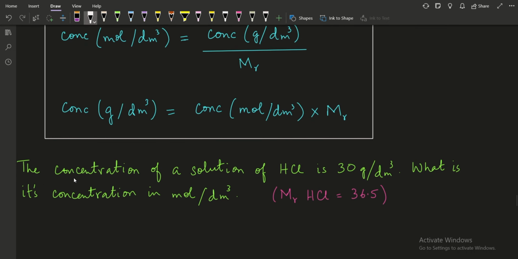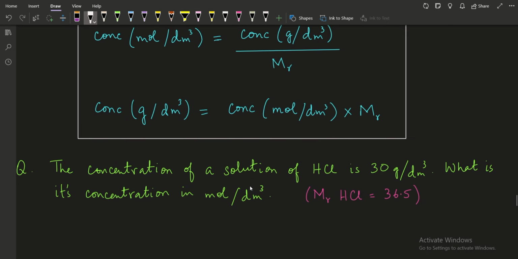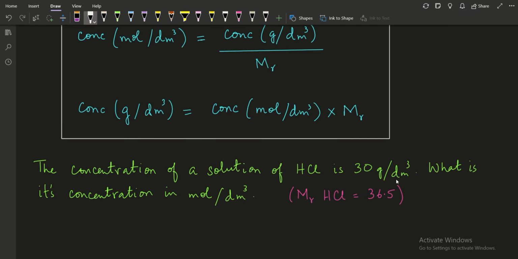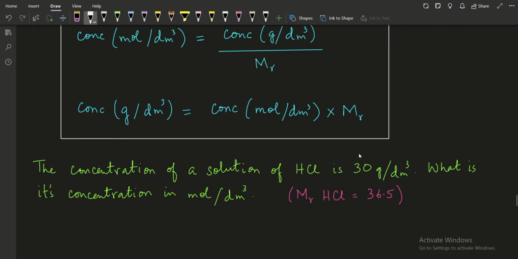So here in this question, the concentration of a solution of HCl is 30 gram per cubic decimeter. What is its concentration in moles per cubic decimeter? MR is also given. In the question, we have to calculate the concentration in terms of moles, and the concentration in terms of grams, or in terms of mass, is given.